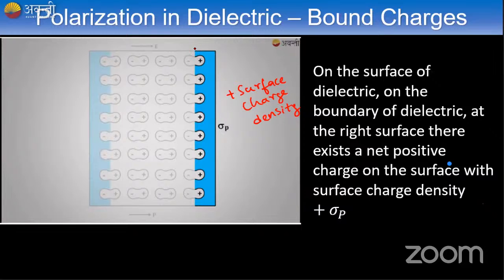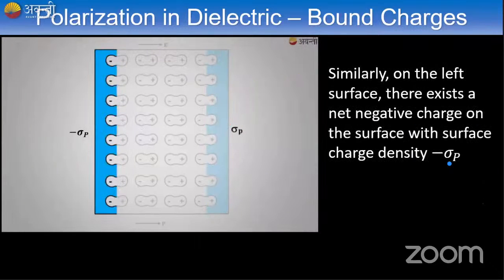So what's happening here at the boundary of this dielectric medium? There is a net positive charge formation on the right side. This creates a net positive surface charge density called sigma p. Similarly, on the left-hand side, there exist net negative charges which are not neutralized.